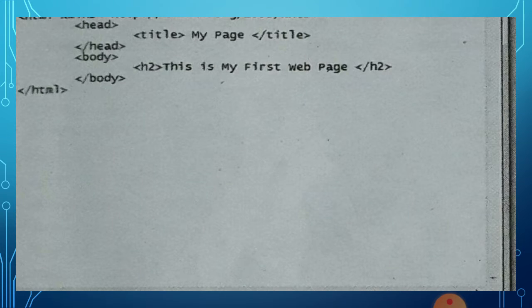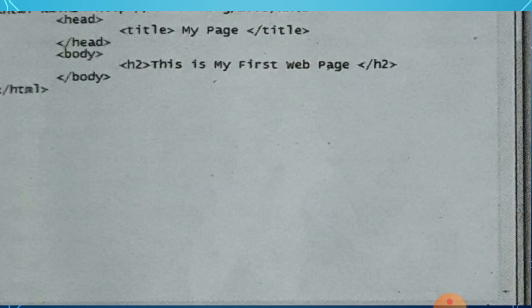This is a simple HTML program: head, title, then head closing, title closing. These are the HTML tags. Here, head is an HTML element. It must be enclosed within angle braces, that is, the less than symbol and the greater than symbol.